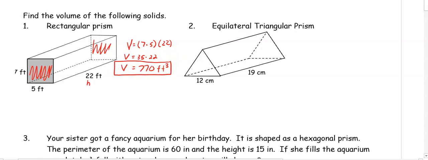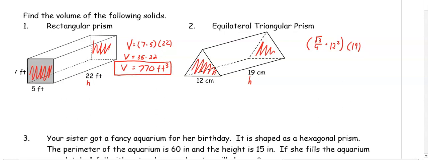In number 2, an equilateral triangle is our base. So to find our volume, it's going to be the area of the triangle times the height, which is 19. The area of an equilateral triangle is root 3 over 4 times 12 squared, times 19.